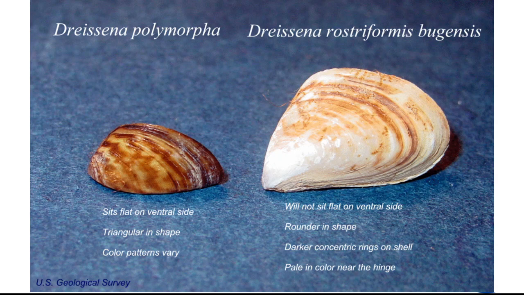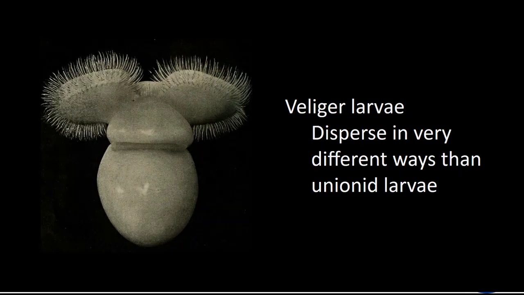Here are some other examples of the dreissenids, just so you can have a sense of how they're different in obvious structure from the unionids. One other important picture, and this is a generic veliger larvae that's pictured here, but the dreissenids reproduce with veliger larvae.